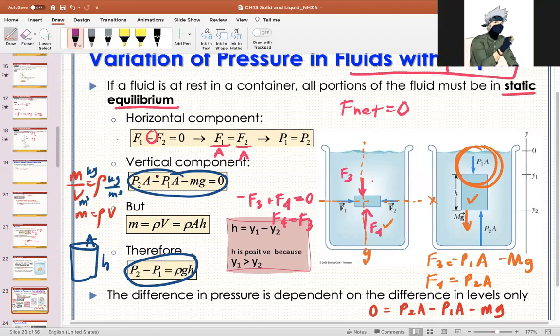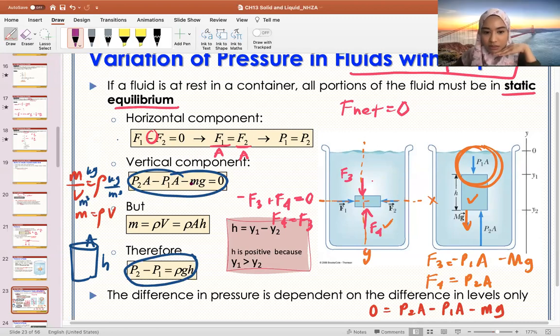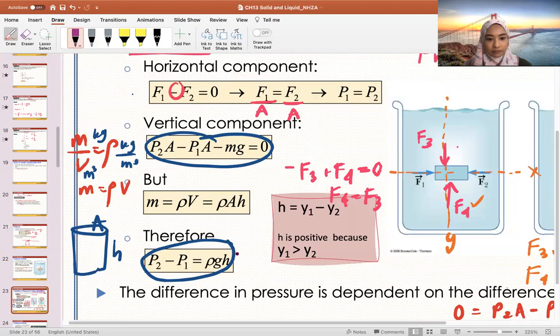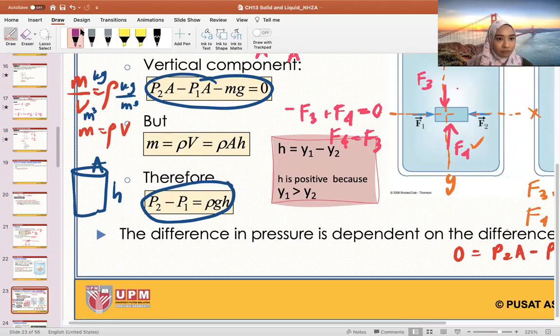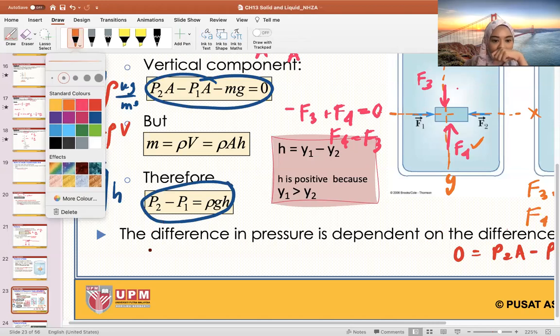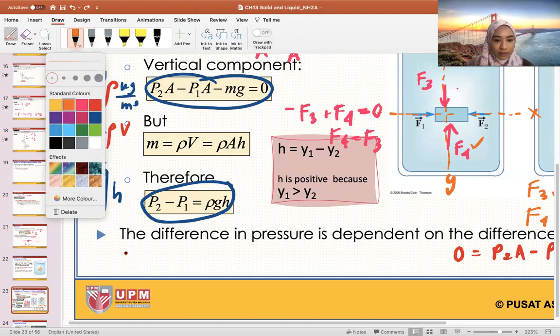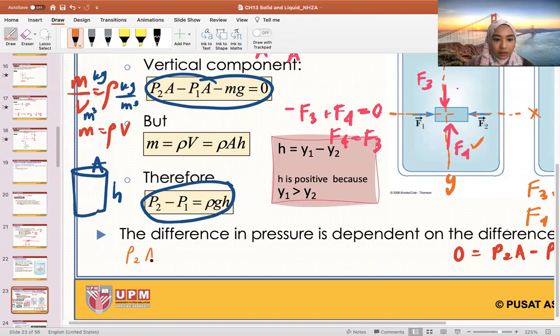So we started with P2A minus P1A minus mg. And then I said, oh, mass is actually rho times AH. Right? Okay, so I need space. Okay, let me write down the equation. P2A minus P1A equals to mg. Okay, so now we want to substitute m into our equation, which is rho AH.